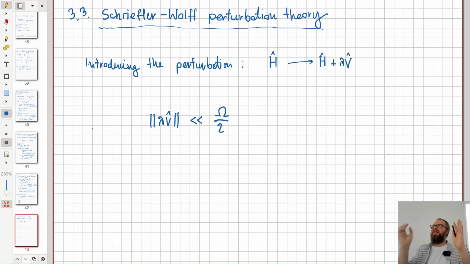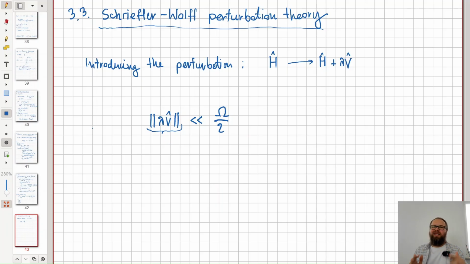But if you want to estimate how much this perturbation will shift your original eigenvalues, the most it can do is shift them in either direction by the norm of this operator, because norm is connected to spectrum, if you remember.